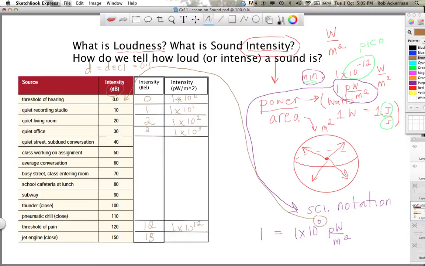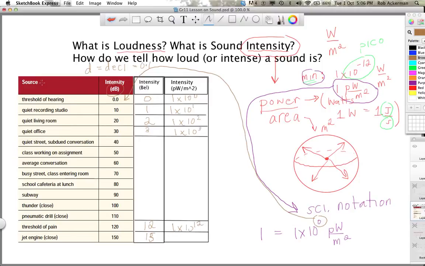All right, so if you look through this, you see the relationship between the power, the intensity, the power per square meter that we talked about, and something called the bell number, and then something called the decibel number, which is probably what you're familiar with if you've ever heard of sound intensities measured in decibel.